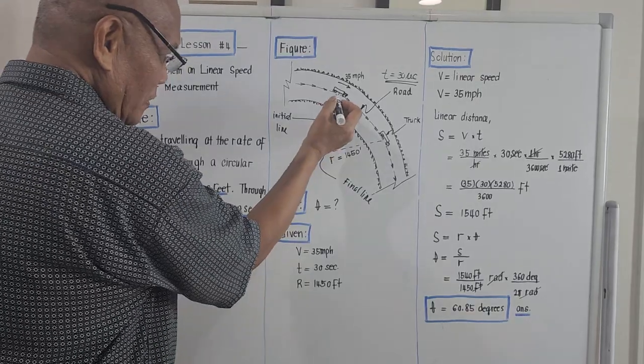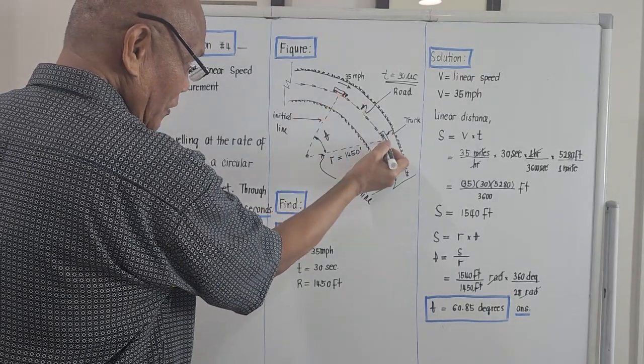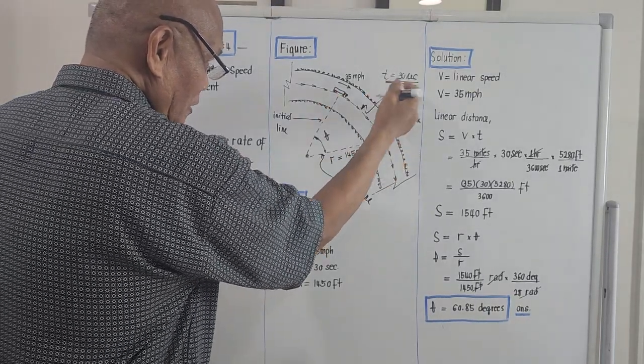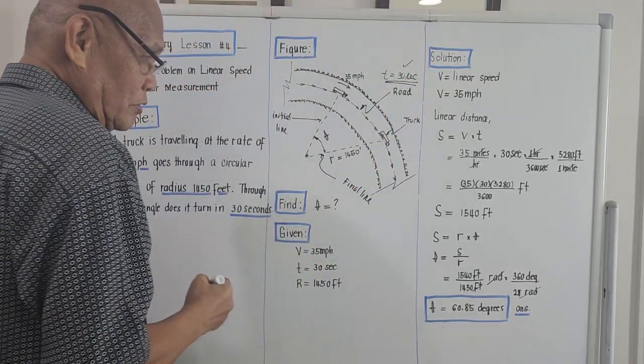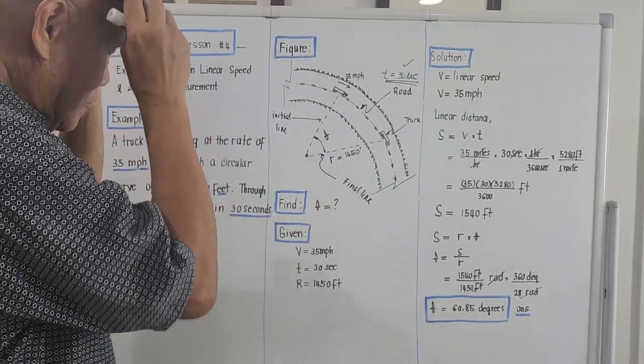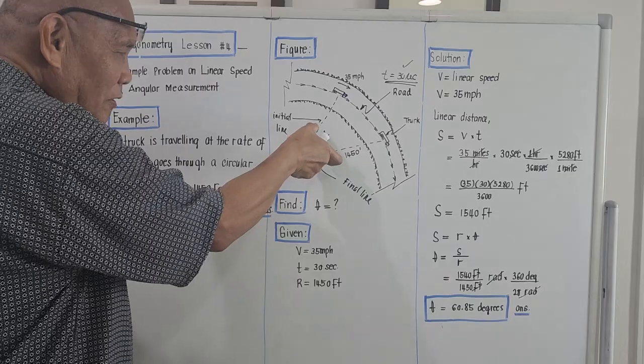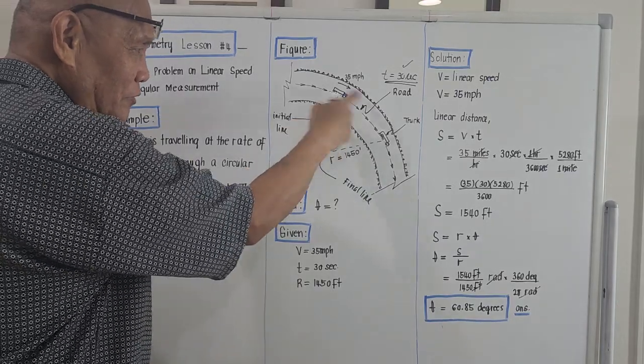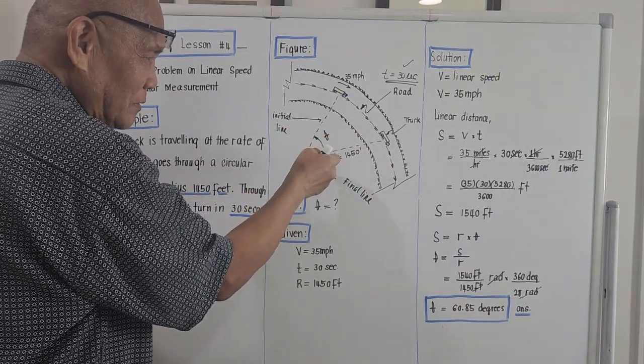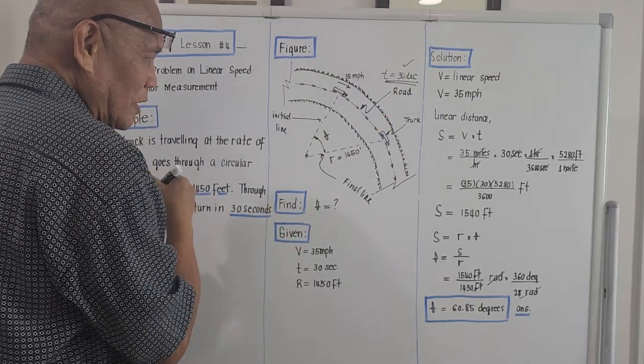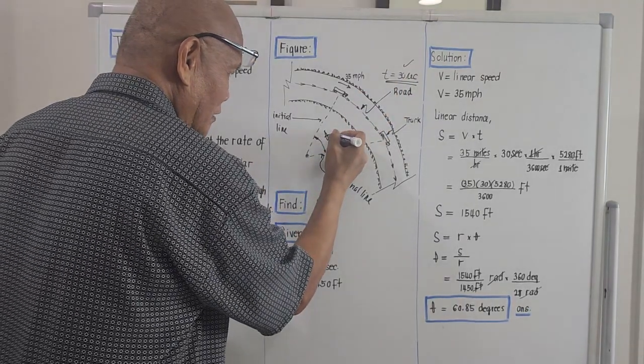Meaning to say from this point here, up here, the time that elapses is 30 seconds. So the problem is just asking what will be the angle traveled by the truck after 30 seconds. So what is being asked is actually this theta over here.